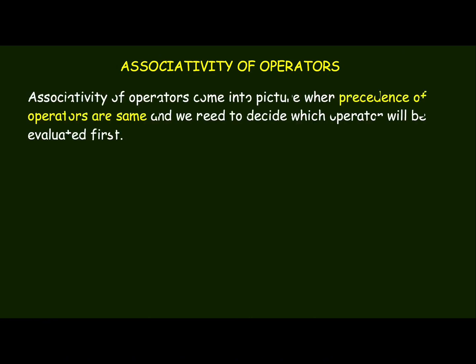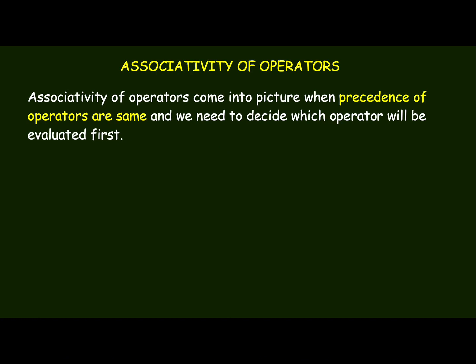Associativity of operators. Associativity of operators comes into the picture when the precedence of operators is the same and we need to decide which operator will be evaluated first. So in this situation, we are not dealing with precedence of operators, but rather we are dealing with associativity.